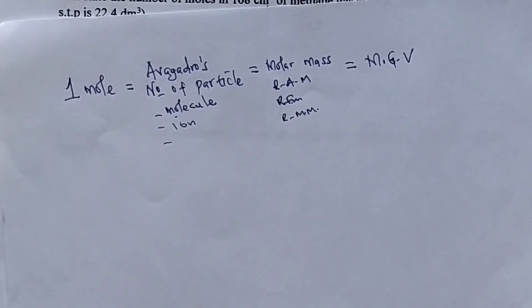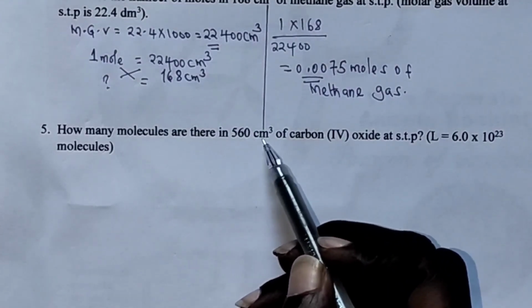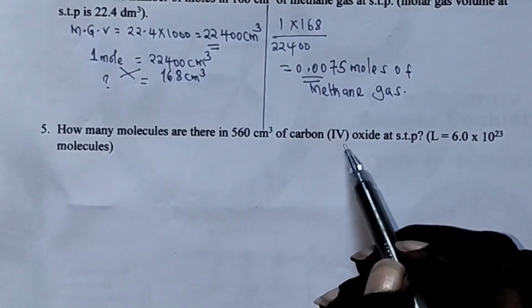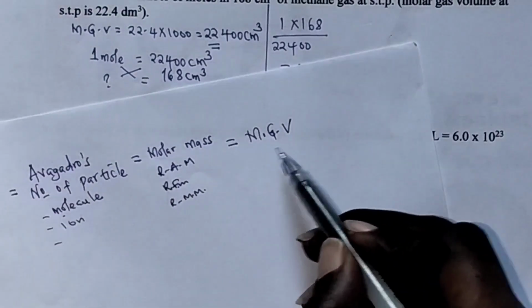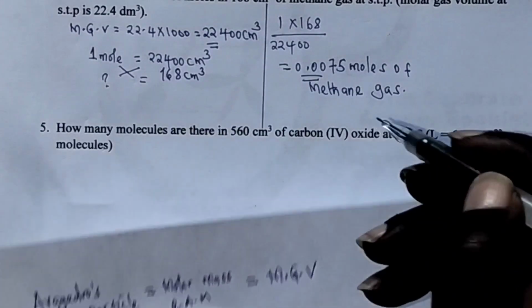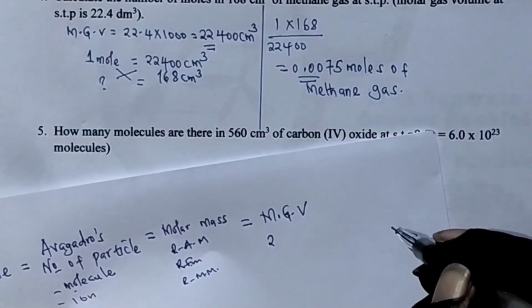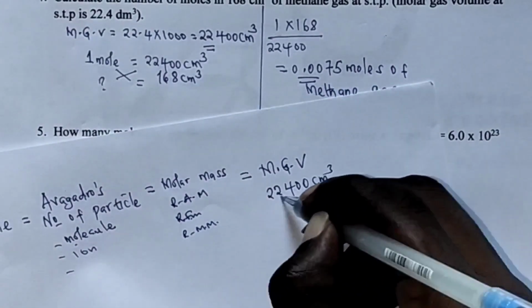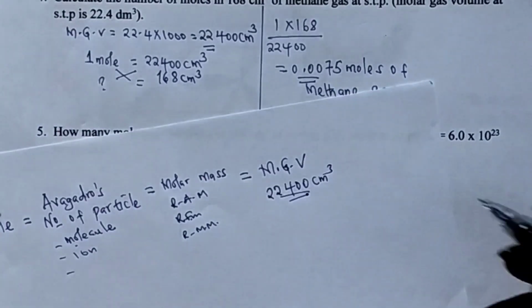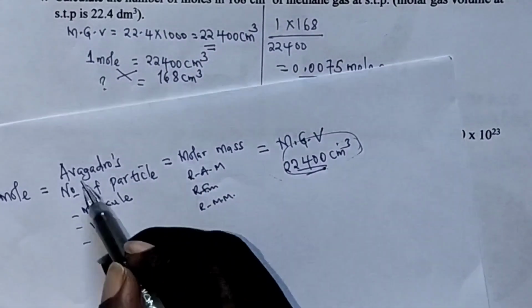So here we are told how many molecules are there in 560 centimeter cube of carbon dioxide gas at STB. So if we check here, the molar gas volume at STB in centimeter cube will be 22,400 centimeter cube. That's the STB. So we can say 22,400 centimeter cube will be equal to the Avogadro's number of particles, or the N, which was given in the bracket.